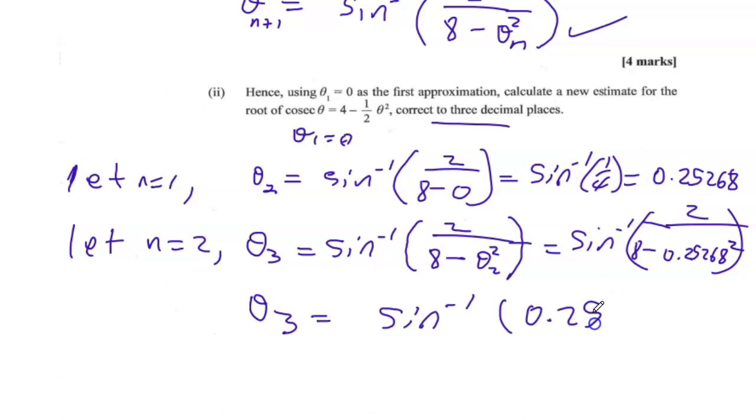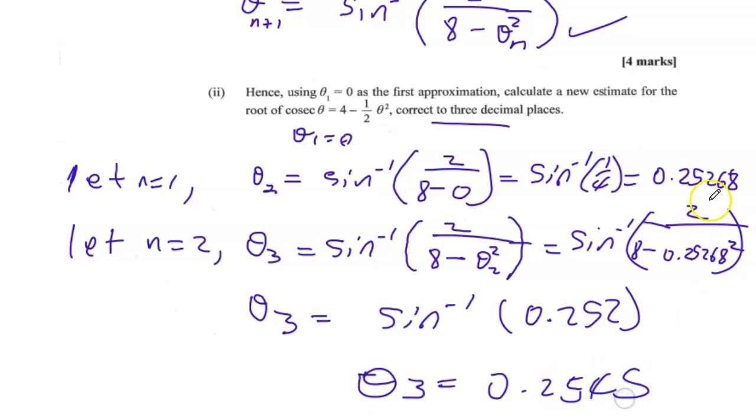So theta 3, continuing, would be sine inverse of what the bracket works out to be, which is equal to 0.2545, which is not much different from this, right?